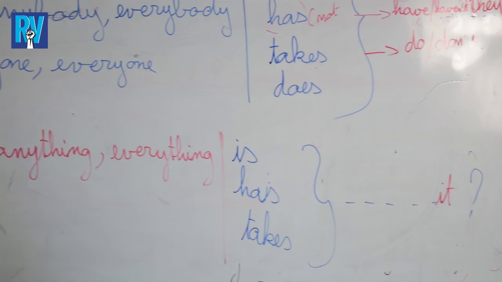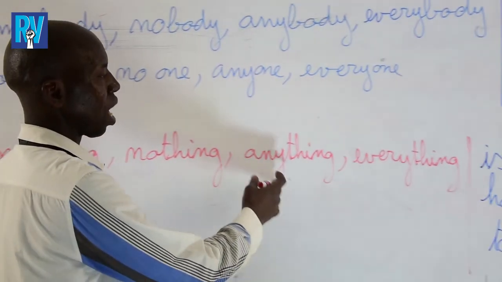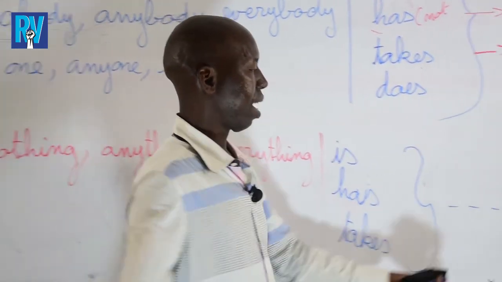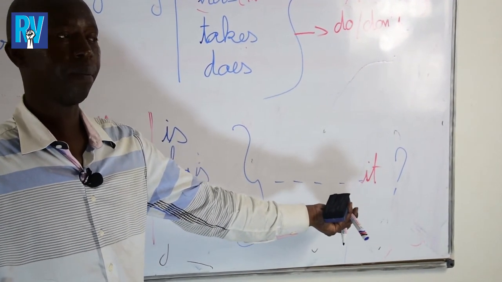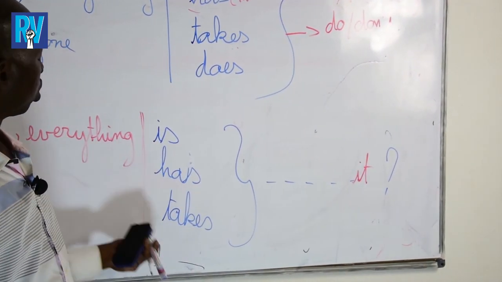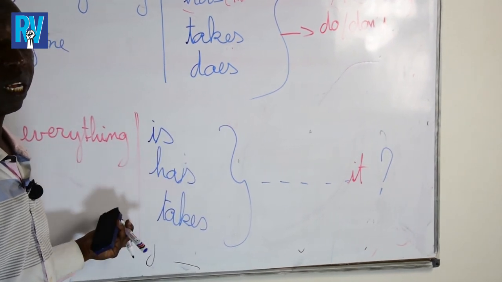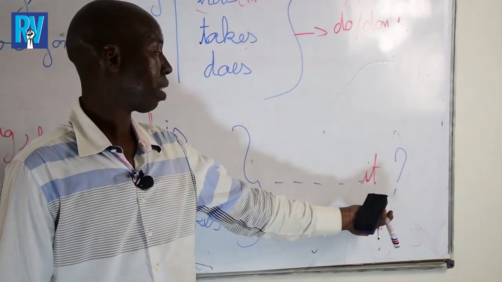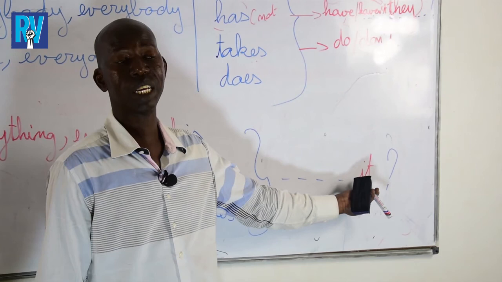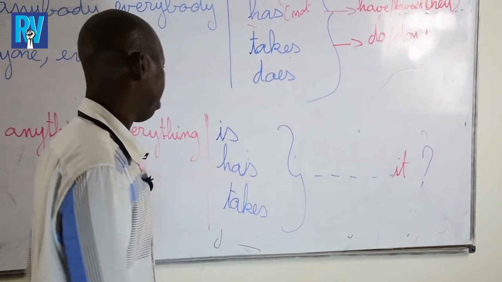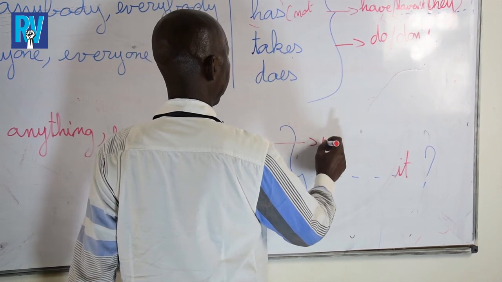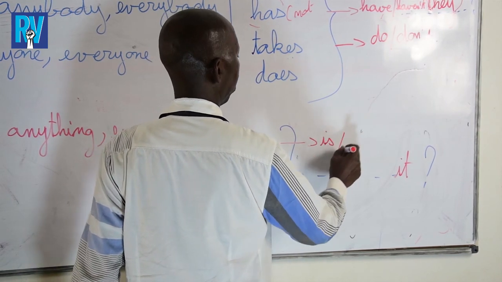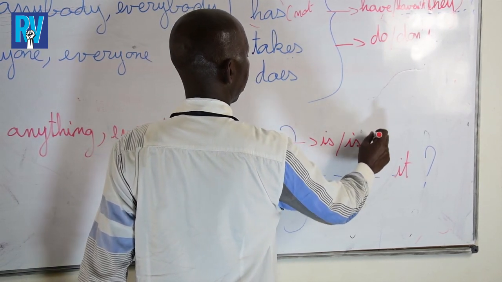But here there is no problem, because here we have the third person, and it is also at the third person. Là, il n'y a pas de problème, parce que nous les avons conjugués à la troisième personne du singulier, et on les a remplacés avec un pronom à la troisième personne du singulier, it. Donc là, il n'y a pas de problème. We'll have is it or isn't it?